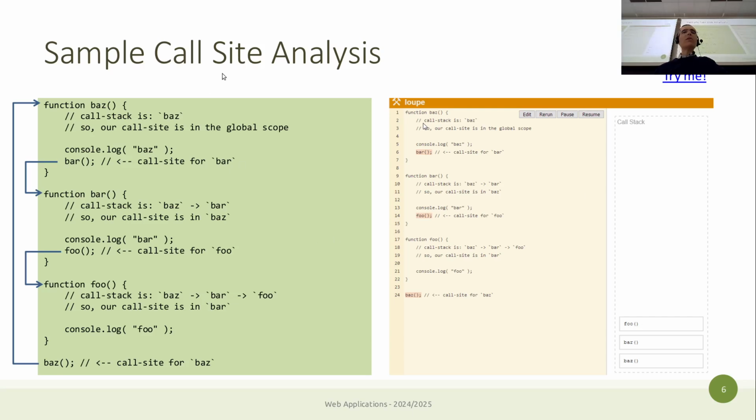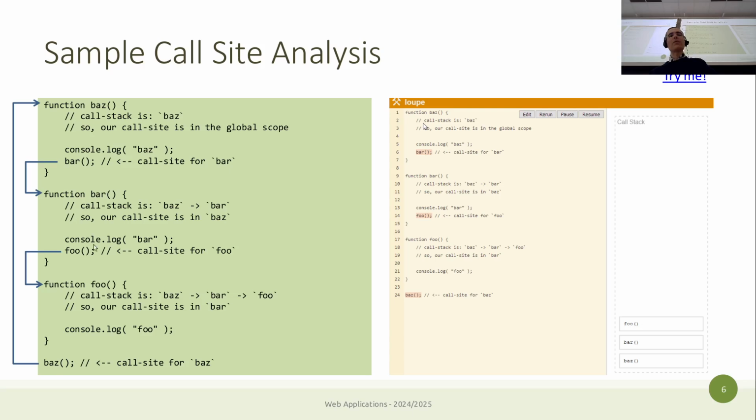So what is the call site of a function? It's just the usual stuff. You define a function, you define another function, and so on. At a certain point, you call a function, let's say buds. And this is the call site for the function buds. You call another function, bar.